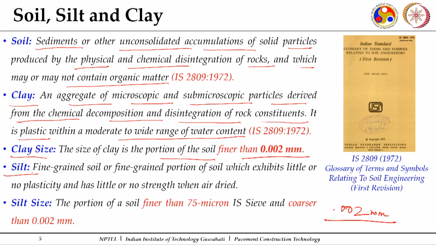The other category we normally refer to as silty soil. This is another type of soil classification. Silty soils are fine grained soils or the fine grained portion of soil. Again, these all are under the bigger umbrella of soil. Silty soils exhibit little or no plasticity and have no strength when air dried. So normally clay soils have a highly plastic nature, silty soils are normally non-plastic, and then you might have heard about the terms sandy soils.